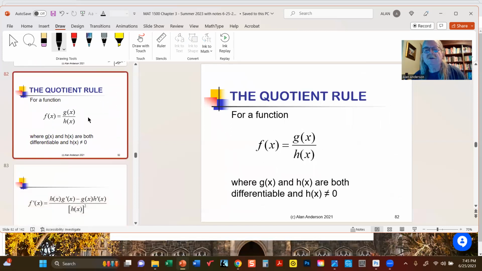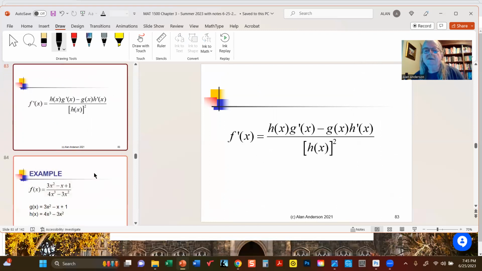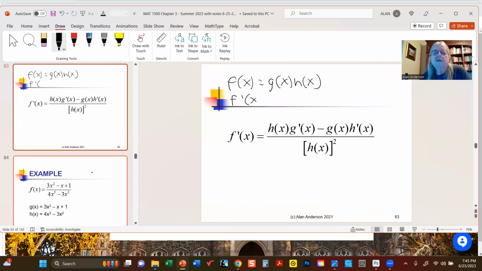Anyway, so here's the quotient rule. So it's g of x over h of x. And of course, this applies as long as h of x is not 0. Oh, you're in for some bad news. Look at this mess. Oh, no. Yeah, ouch. I was hoping there might be a connection between the two.